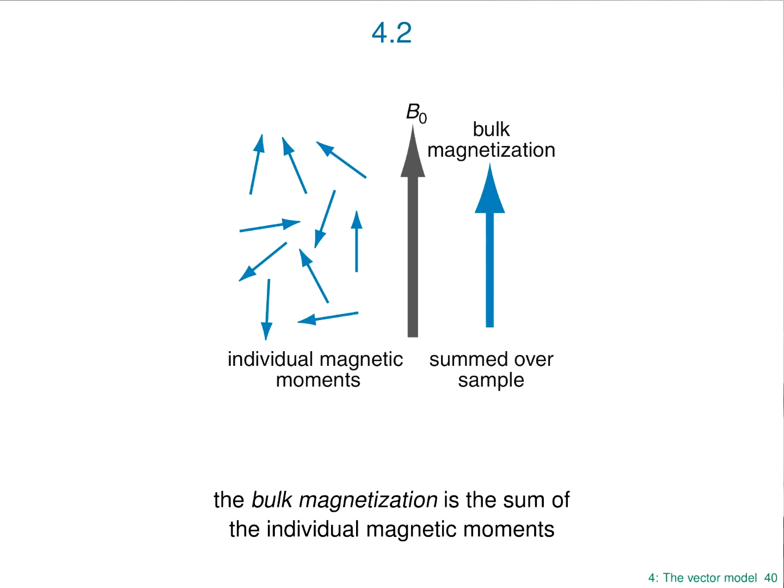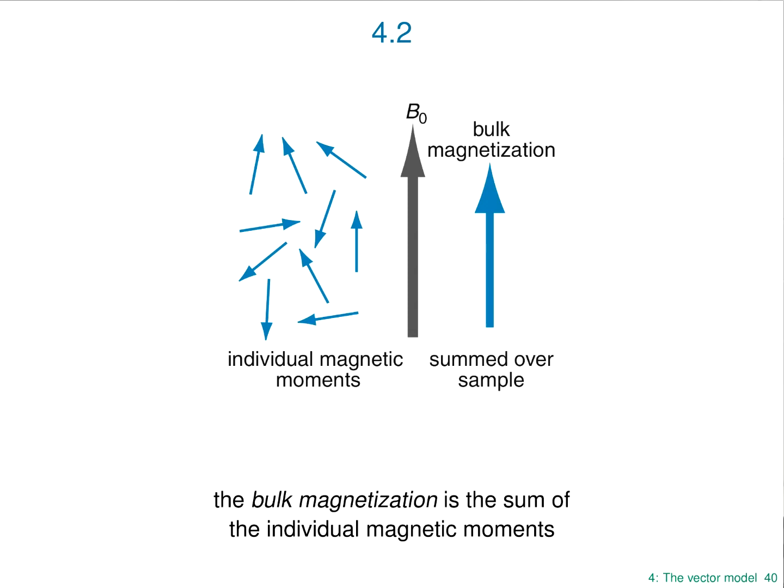On the left there are the individual magnetic moments, pointing all over the place, and here's the applied magnetic field that you've put on. Remember that what you actually detect is the average, the sum of all of these individual magnetic moments, and we call that the bulk magnetization.